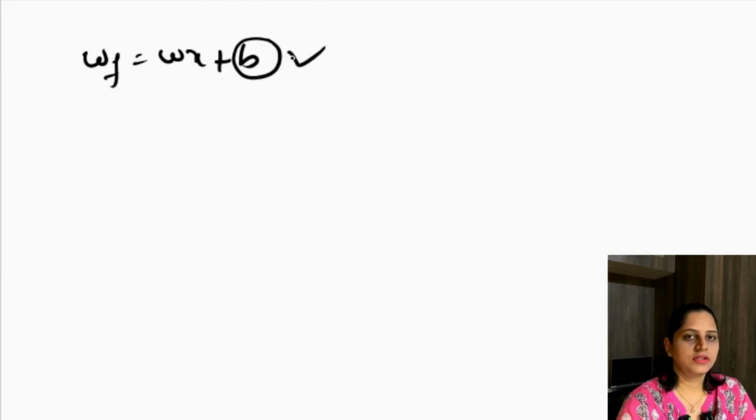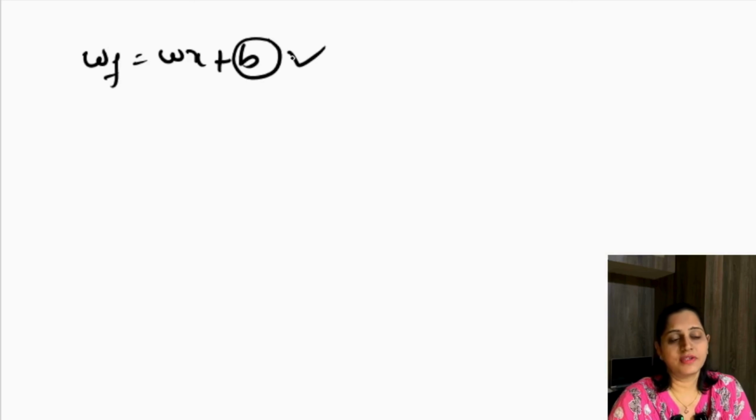My bias part is taking great control to handle my activation function. Without bias, just imagine a line function y equal to mx plus c. Here c is a bias, or we can say an intercept, right?